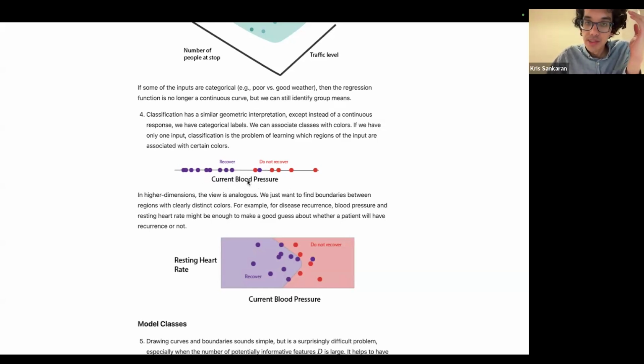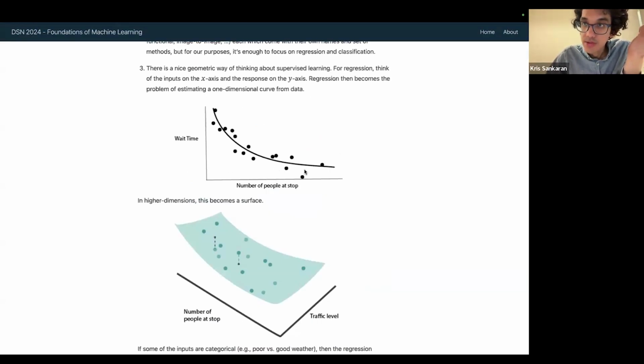If this is the case, it would look like this geometrically. Right? You have the two classes that they could end up in, the two colors, and then some information that you've gathered, this X information, is helpful for separating the colors. So this is the 1D analog of this for classification instead of regression.